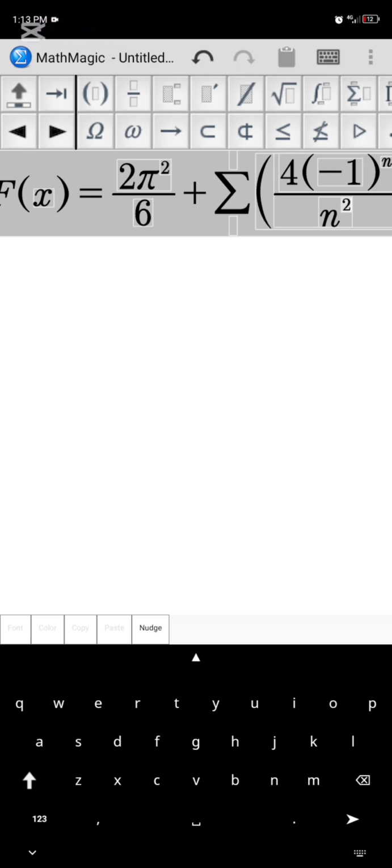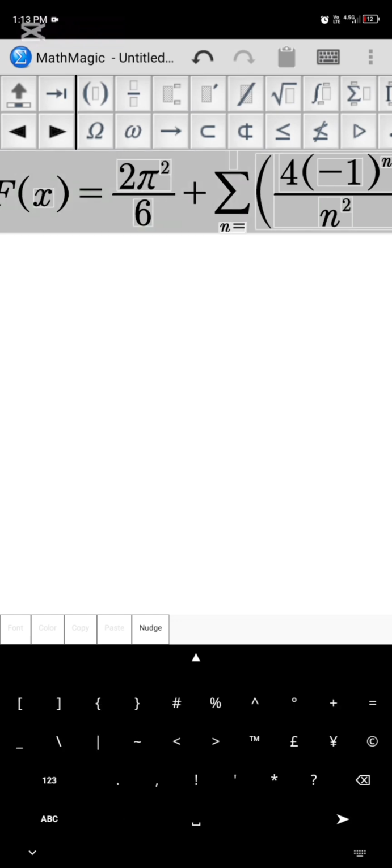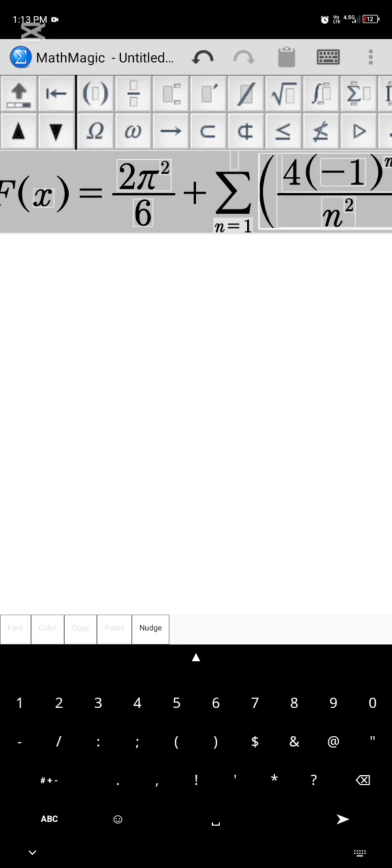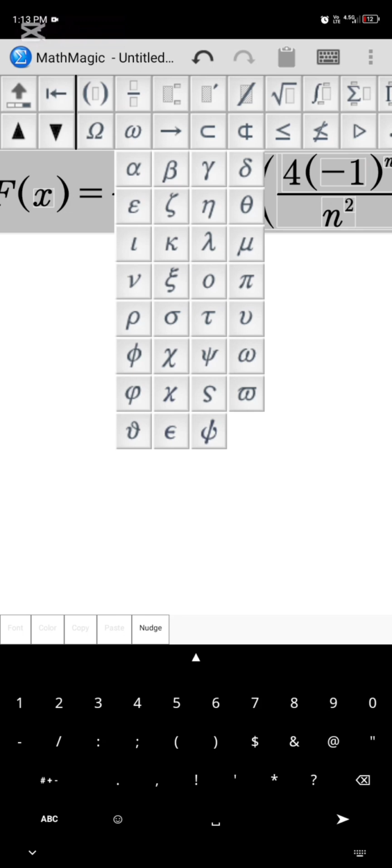Don't forget the summation is starting from 1 to infinity.